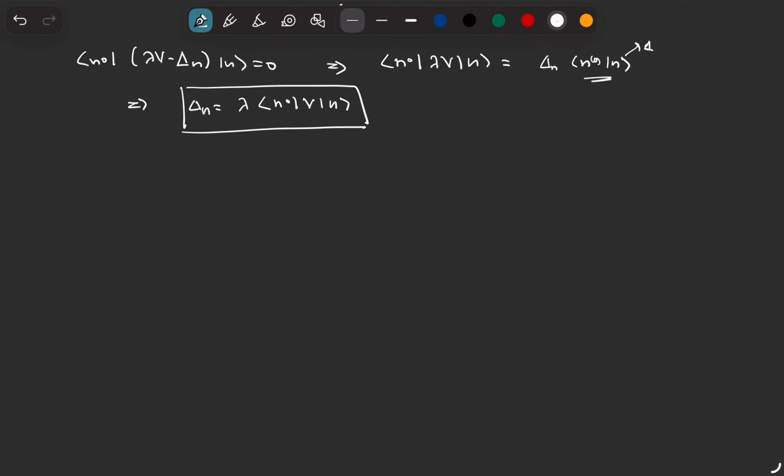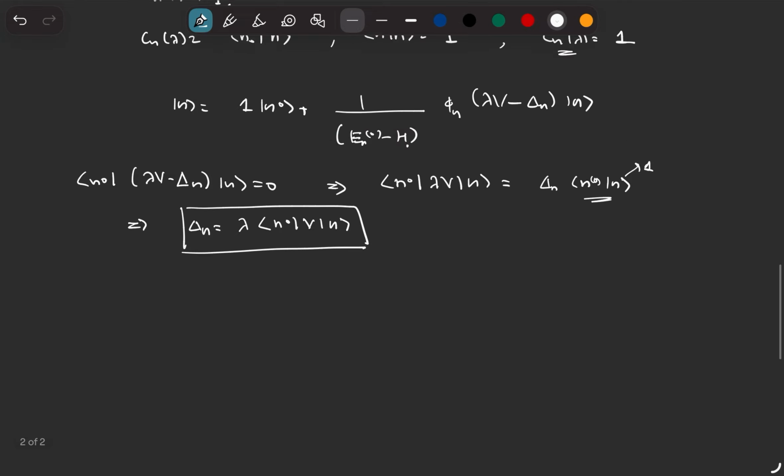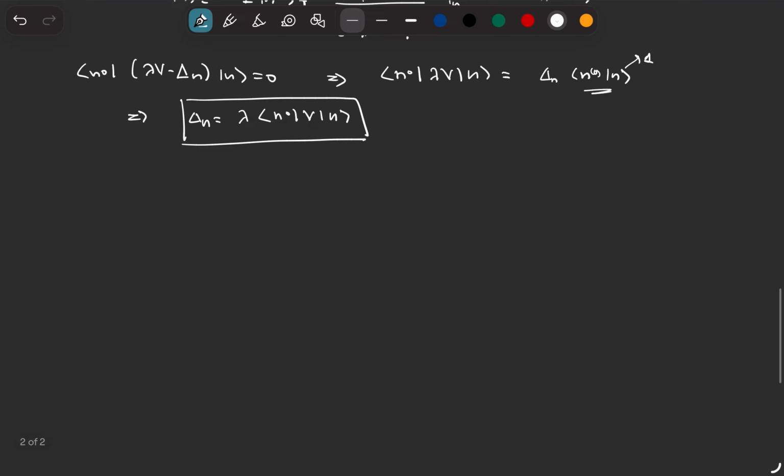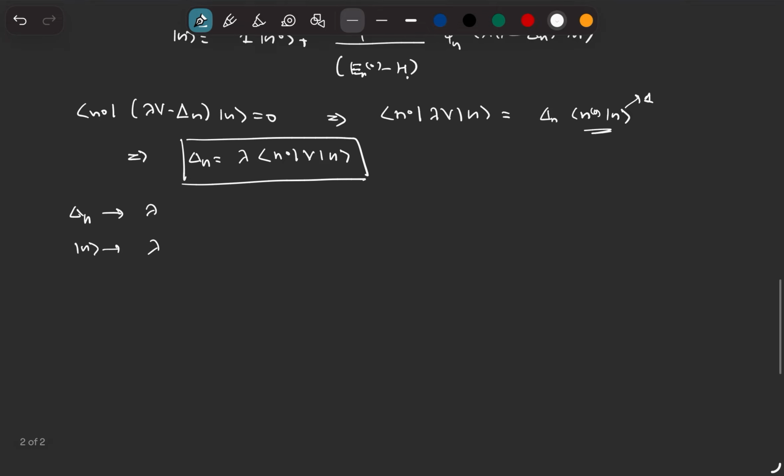Okay. Now at this point we will use the old trick. We'll Taylor expand Δn in Λ, and we will also expand |ψn⟩ in Λ, and then we will match powers, and we will get the perturbative series, similar to the earlier example.